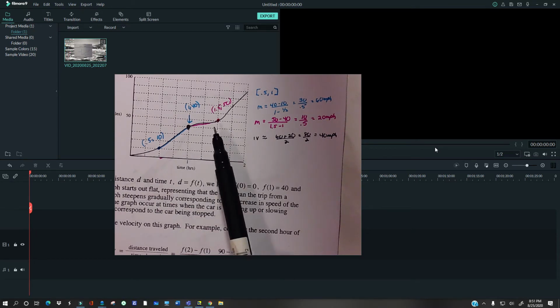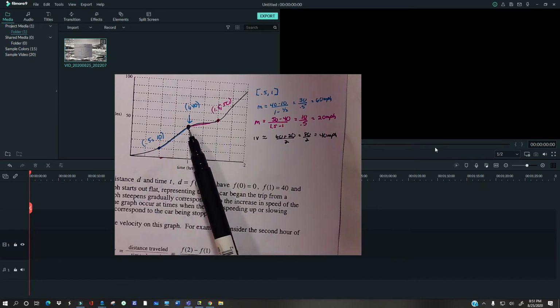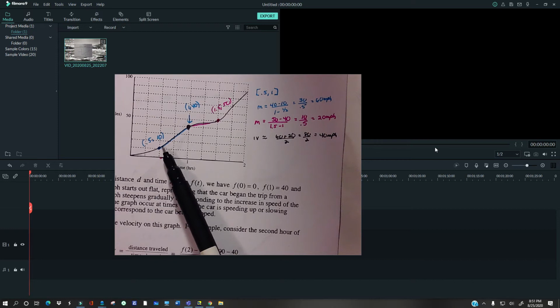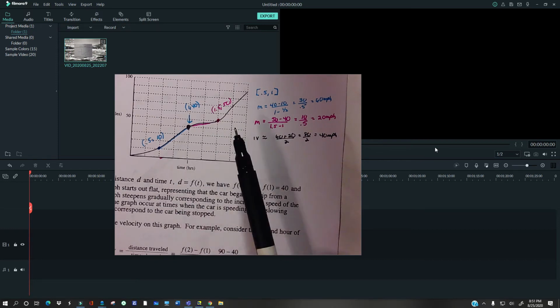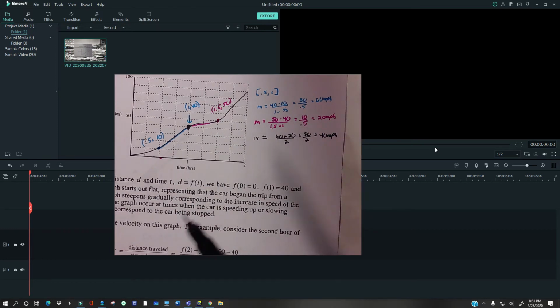I'm connecting them to the point in question, which is in the middle. I'm finding the slope of this secant line and that secant line, adding them together, and dividing by 2. So I'm taking the average, and the average is generally a really good approximation of the instantaneous velocity. So graphically speaking, that's what we would do.